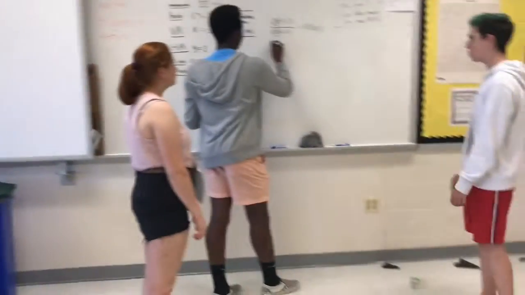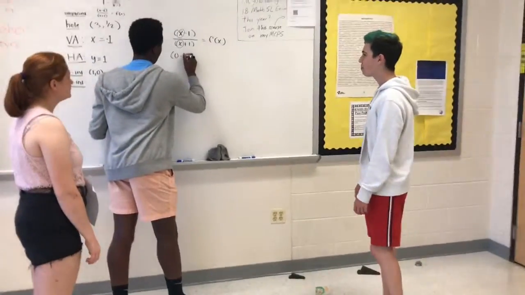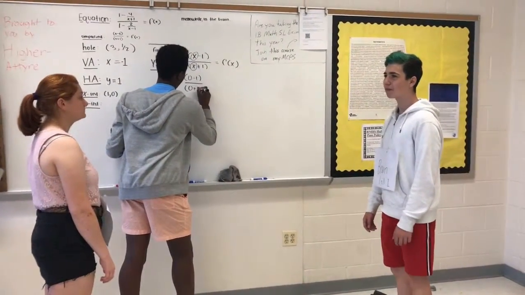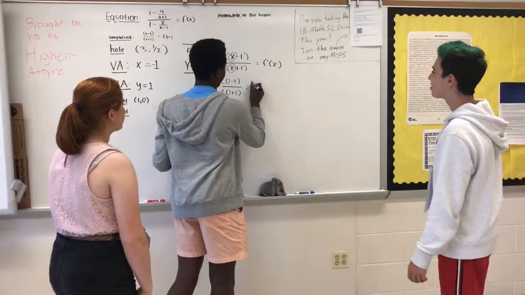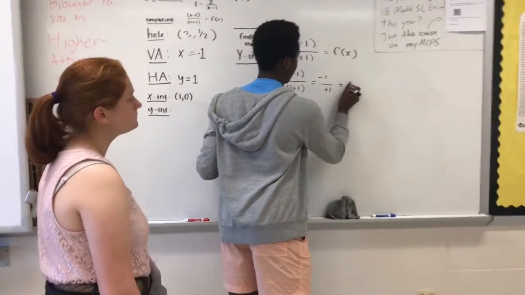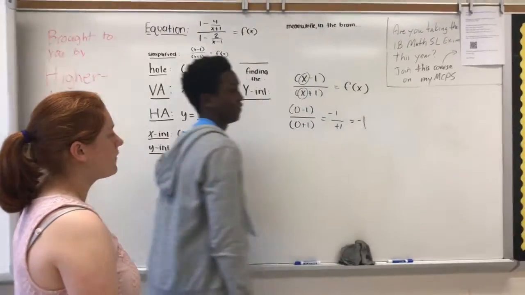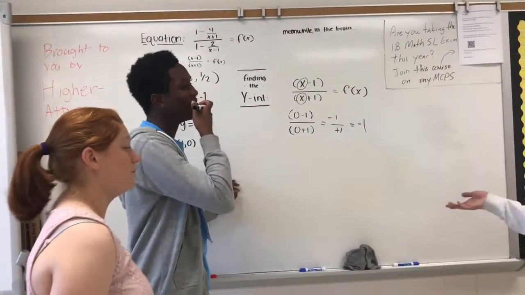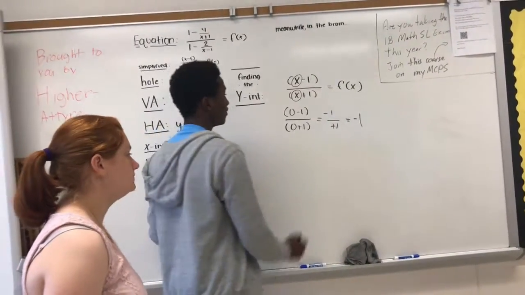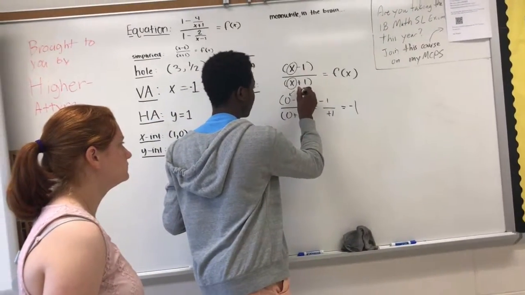So let's plug in 0. Now that we know the y value would be -1 while x is 0, we know the y-intercept is at (0, -1).